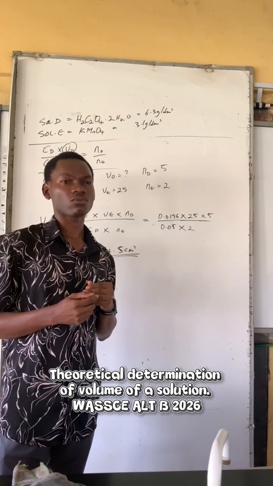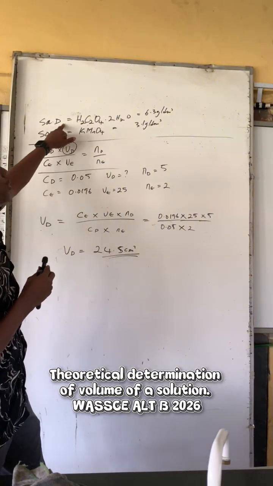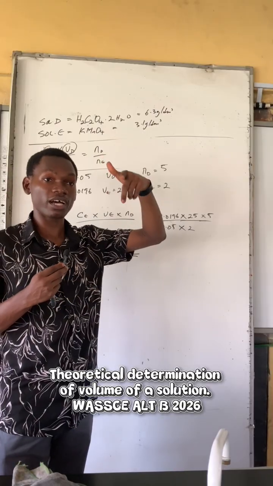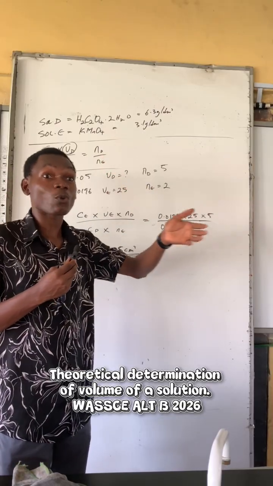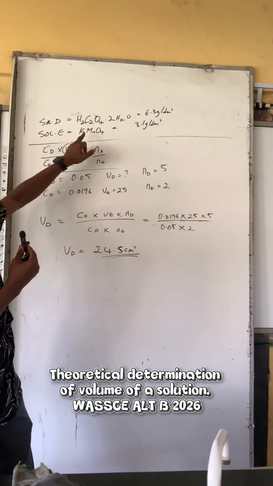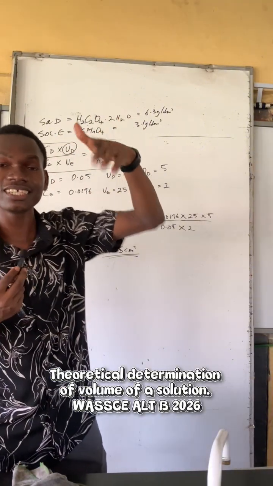Now, sometimes we might be told, instead of placing the solution D in the burette to get the volume of the solution D, we might be asked to pipette the acid, and then the KMnO4 becomes the solution in the burette.